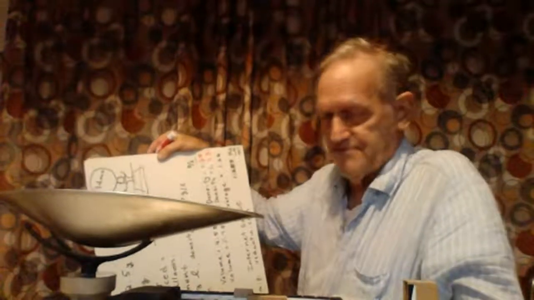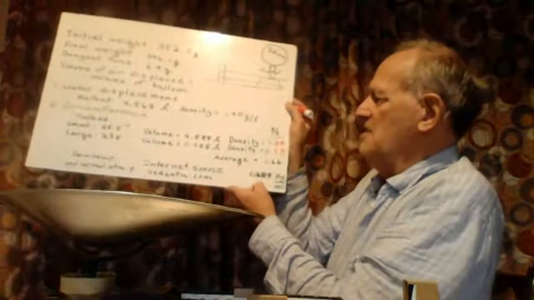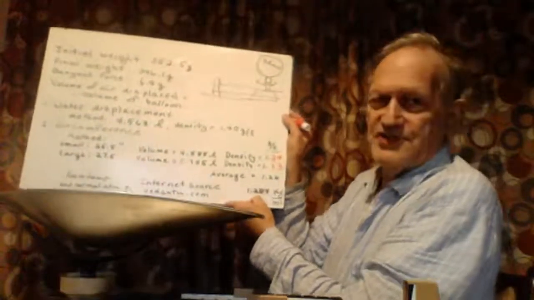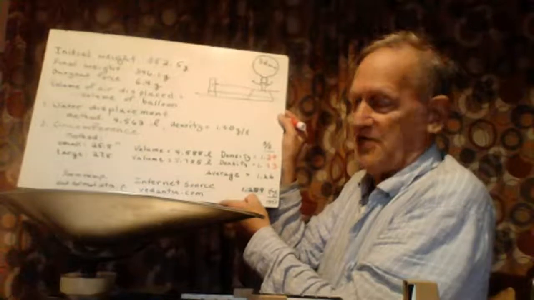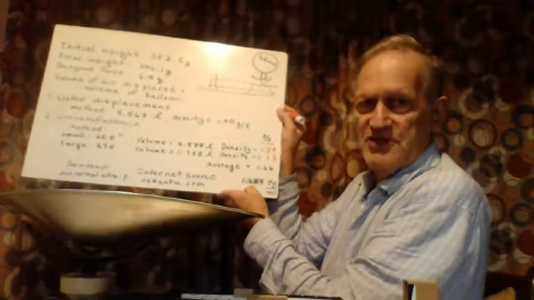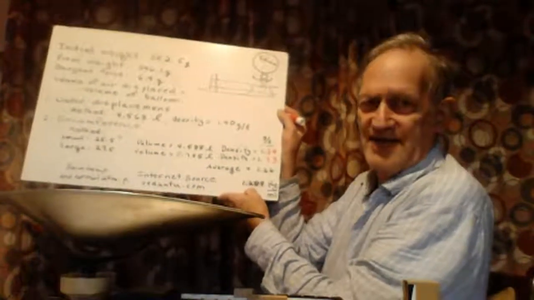Let's remember that we are at a certain elevation with a certain barometric pressure, and it was roughly room temperature, but I didn't have a thermometer in here. So 1.26 is a rough estimate based on our experimental results, which were a high end and a low end.